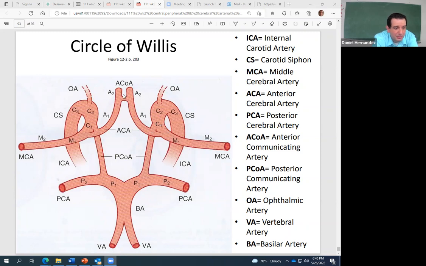I can also use this anterior communicating artery and get blood from my contralateral, or opposite, ICA, coming across my anterior cerebral artery, crossing over, and bringing blood flow to this side as well. So I can steal blood from the other side that doesn't have an issue, as well as from the posterior circulation on that same side. That's why these communicating channels and this arrangement are so amazing and so important.